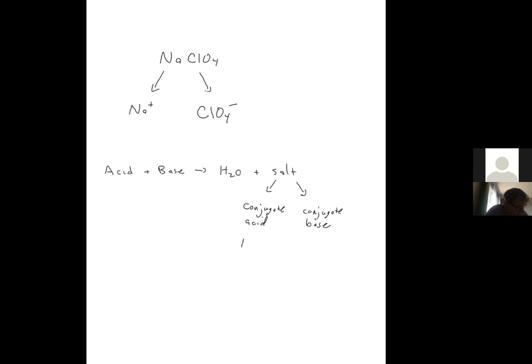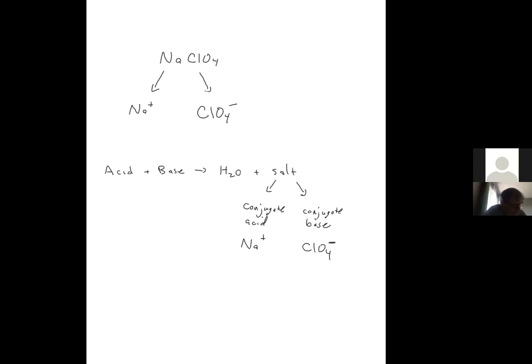So that would be the sodium ion. And then the conjugate base is generally negative. So that would be the perchlorate. Okay. So those are your conjugates. So the question then is, are they of equal strength as an acid and a base? Or is the acid stronger than the base, or is the base stronger than the acid? So here's how we go about that.